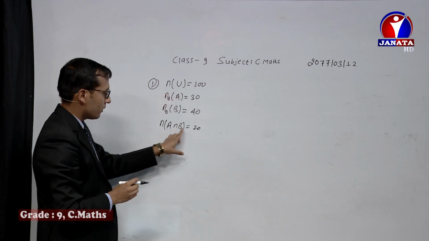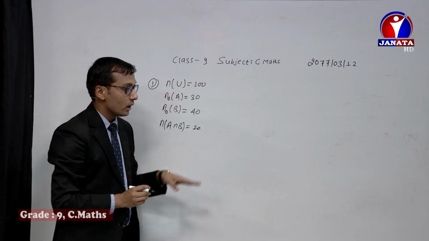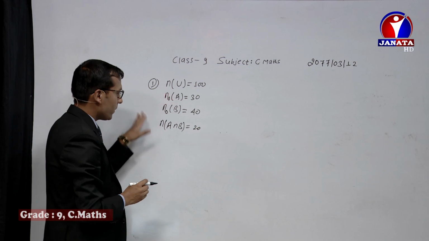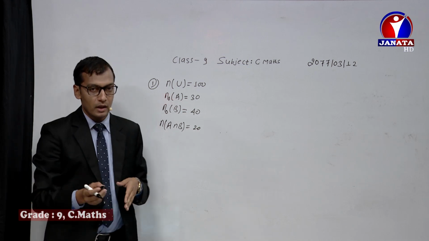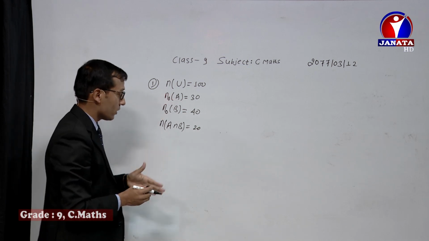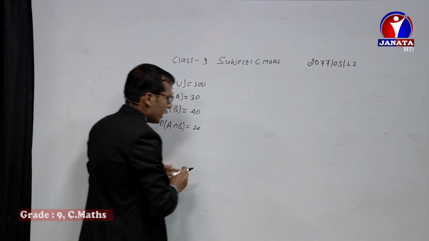So the intersection of the two subsets is 20. Now we are representing all this information in the Venn diagram by inserting these cardinal numbers. So now we can draw the diagram.